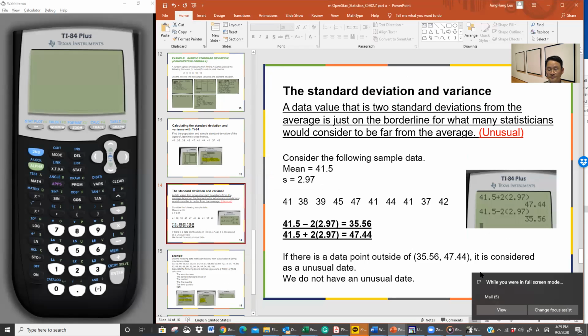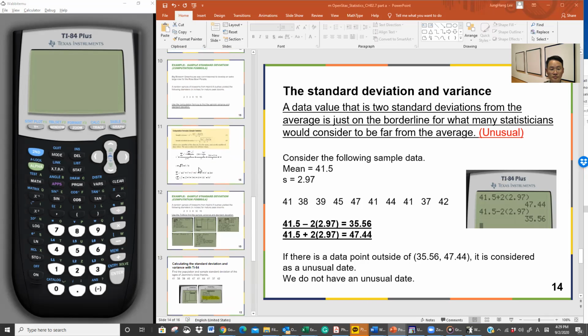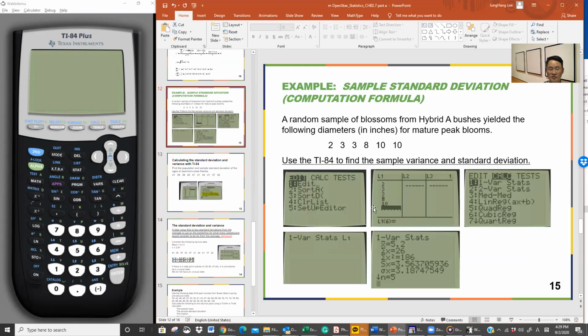So I am sharing the full screen, so that you can see this, and you can also see my calculator.